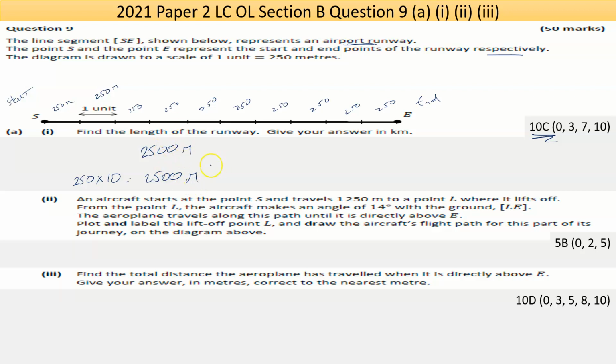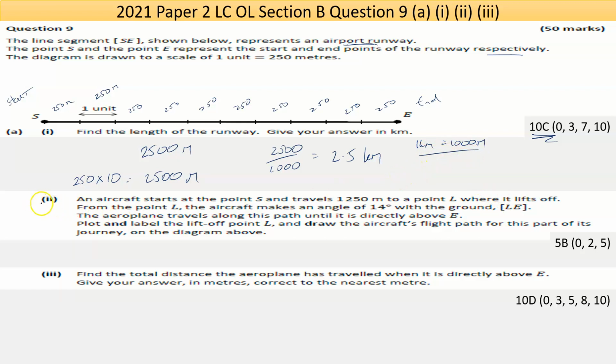Whichever way I get there doesn't matter. Now to change from meters to kilometers, I divide by 1000, and I end up at 2.5 kilometers. It's important to remember that 1 kilometer is equal to 1000 meters, and it's assumed that you know that.